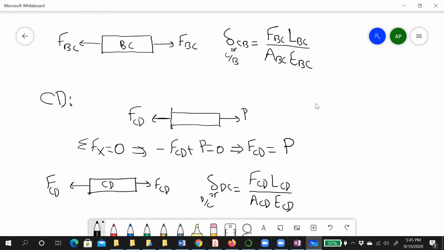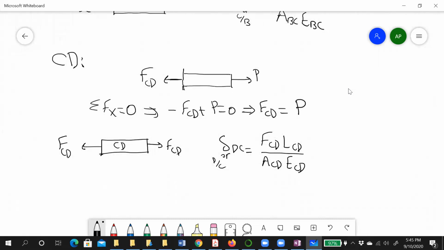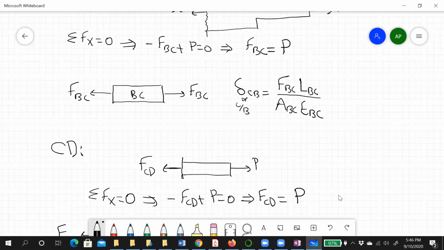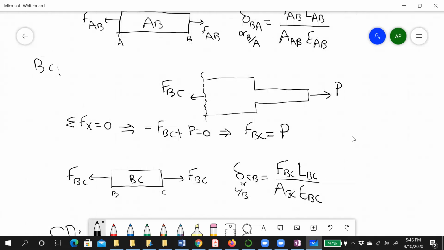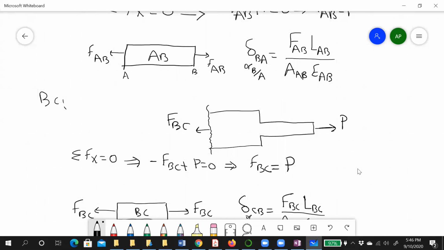Segment by segment. So now we can find, if this is point D, this is point C, for example, the elongation of D with respect to C. Here we can find the elongation of C with respect to point B. Here we can find it for point B with respect to A.